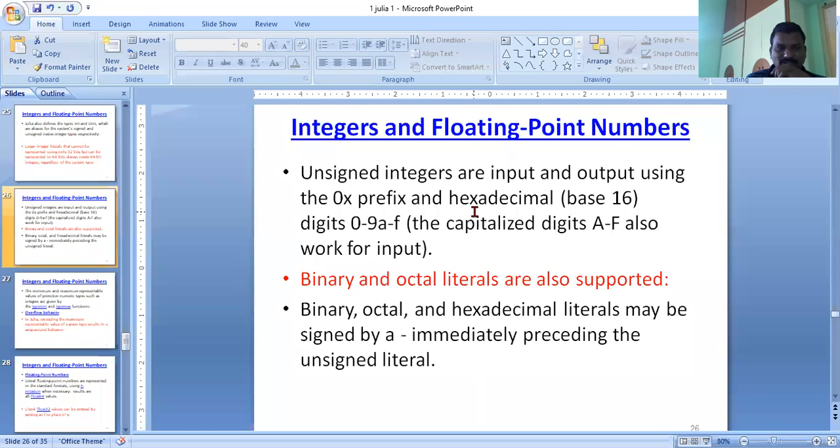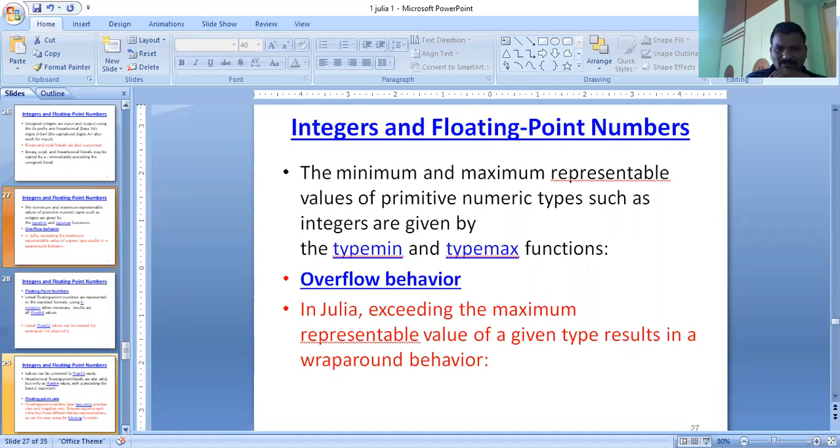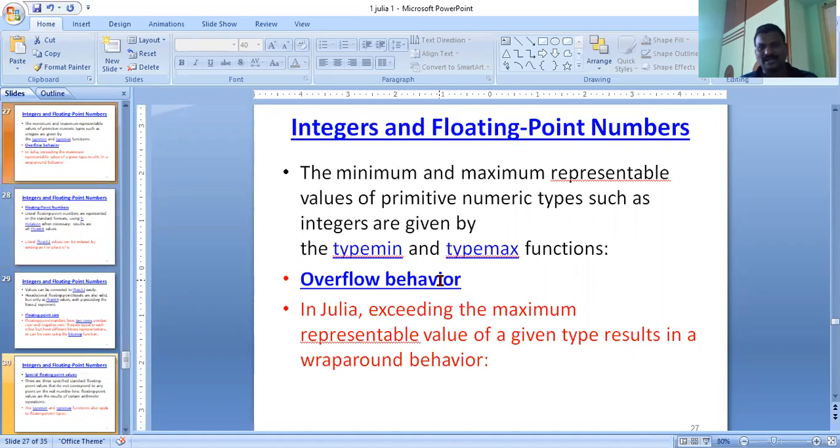Another important one here: the minimum and maximum representable values of primitive numeric types such as integers are given by the typemin and typemax functions.